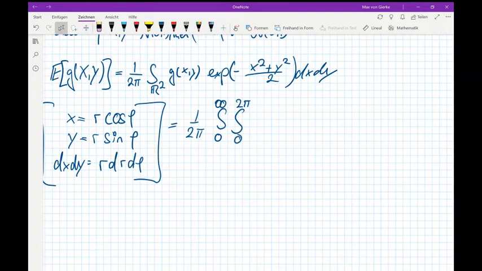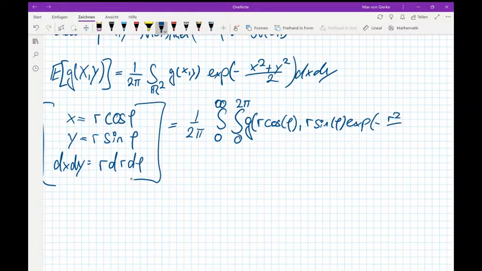I'm not going to show it, you can see pretty easily that it's right. Then g of r cosine phi, r sine phi, times the exponential of minus r squared over 2.